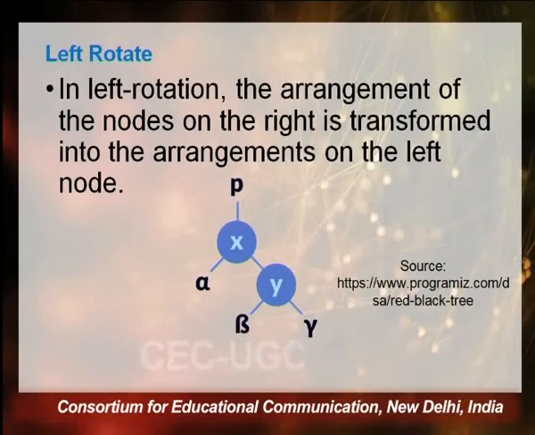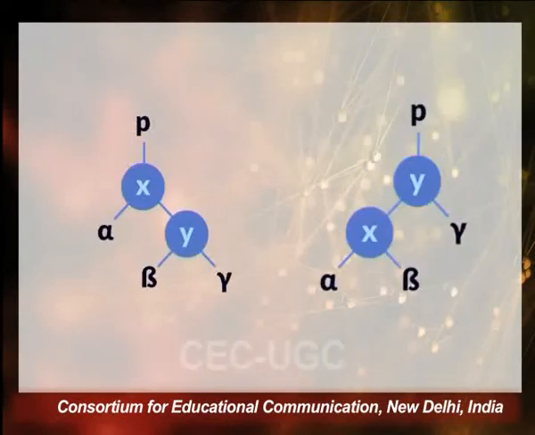Now I am going to show you what the result of left rotation or right rotation on this x will be. Here we have two figures on the screen. One is the initial one in which x was supposed to be left rotated. Now assume that x has been rotated in the left direction.